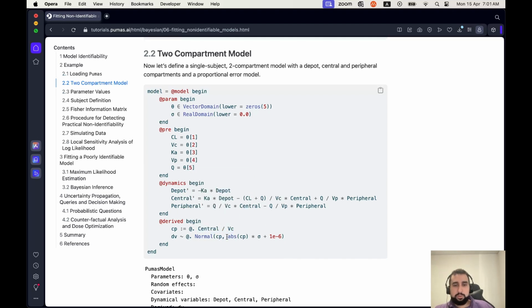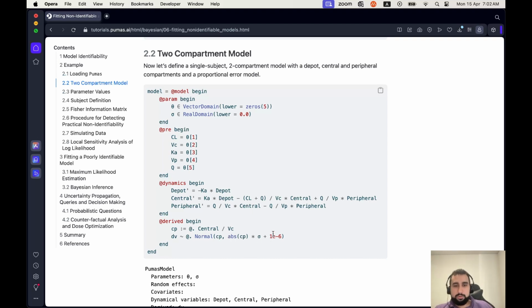And here I have a proportional error model. I'm using this absolute value function because sometimes CP can be exactly 0, but numerically it could be slightly negative because of floating point errors. Just to protect against floating point errors, I'm using the absolute value function, guaranteeing that this is always non-negative, even if the floating point error makes it minus 10 to the power of 16 or something like that.